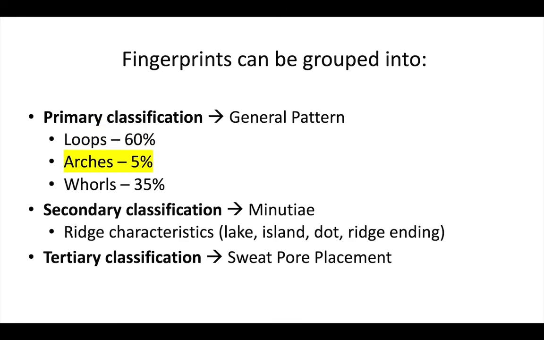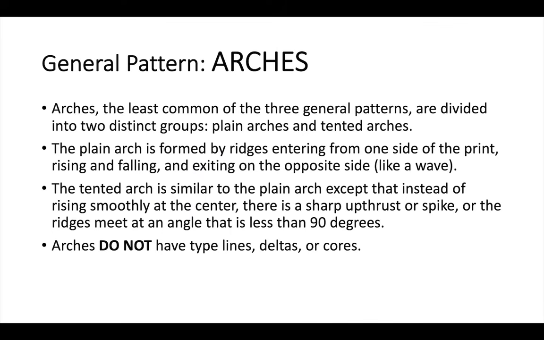Next, we have arches. We also have two different kinds of arches. These are a little bit easier here. With arches, we have plain arches and we have tented arches. Well, a plain arch just kind of goes up and back down, nice and easy. Whereas tented arches are really sharp.